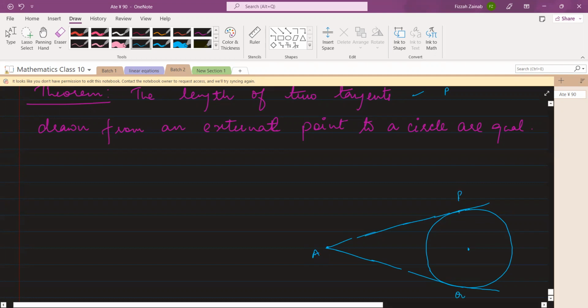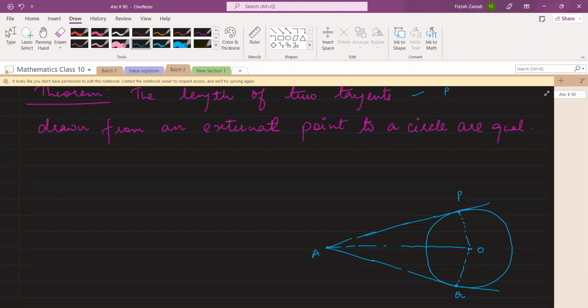Now if I draw the radius, I know they are perpendicular, right? You can also join AO. So basically I have to show that AP is equal to AQ, the length of the tangent is equal. Now this is very simple. If I show that these two triangles are congruent, then from CPCT I'll say that AP is equal to AQ, right? So write down whatever is given.